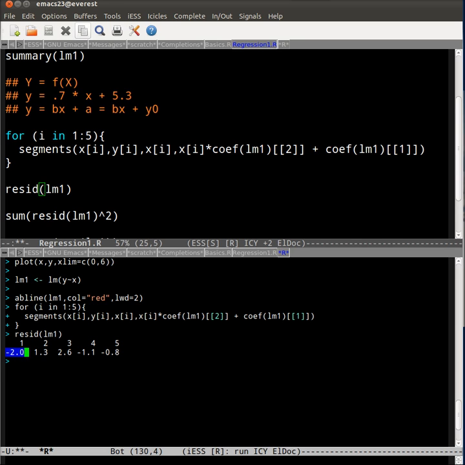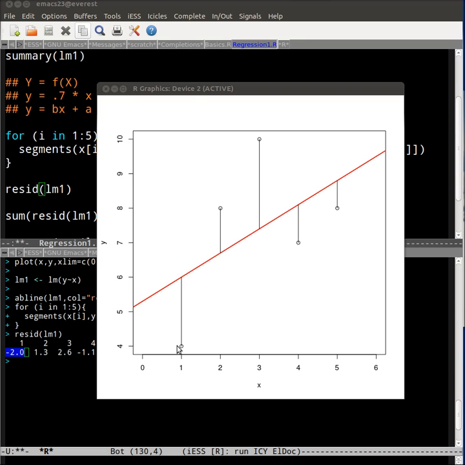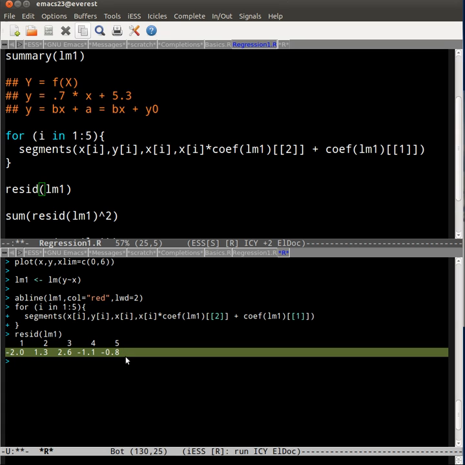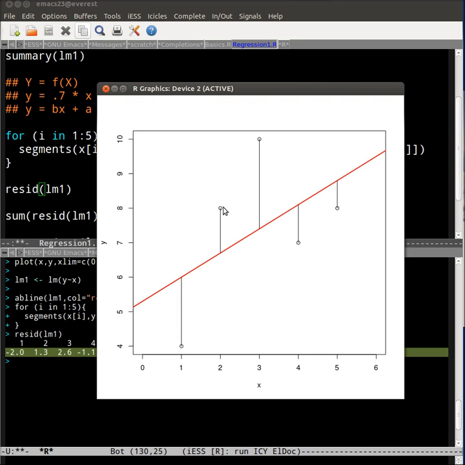So any value that is observed below the expected line, all of these will be negative. So you'll see here 1, 4, and 5 will have negative values. And sure enough, 1, 4, and 5 have negative values, -2, -1.1, and -0.8. Conversely, any observed value that's above the line will have a positive residual.